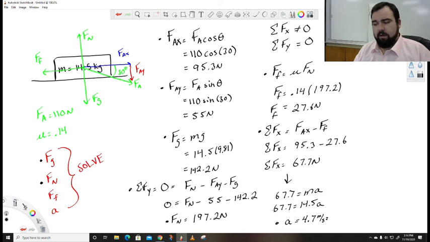And there we are. That is our acceleration of 4.7 meters per second squared. And our force of friction we already found. So there's everything for number 7. Next up is number 8.